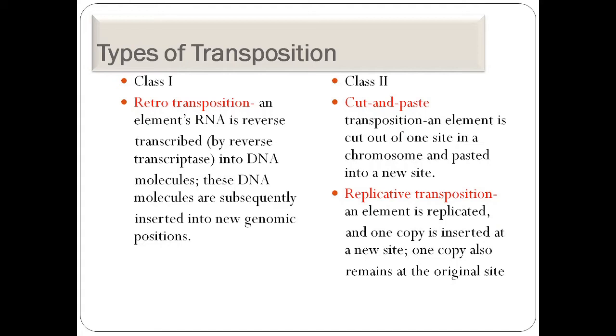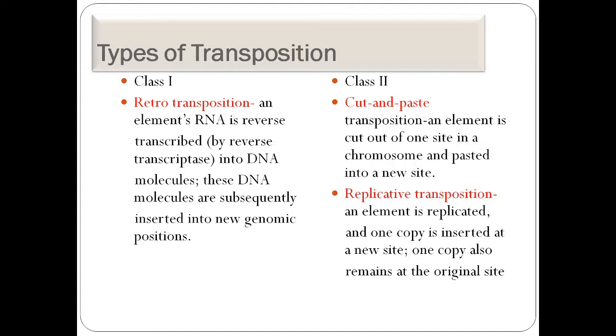Because of this complementary strand, the RNA will be degraded and again a new complementary strand will be synthesized opposite to the old strand. Then this double stranded DNA will work as a gene and can enter anywhere by replication mechanism or by cut paste mechanism. So retrotransposition means RNA based transposome.